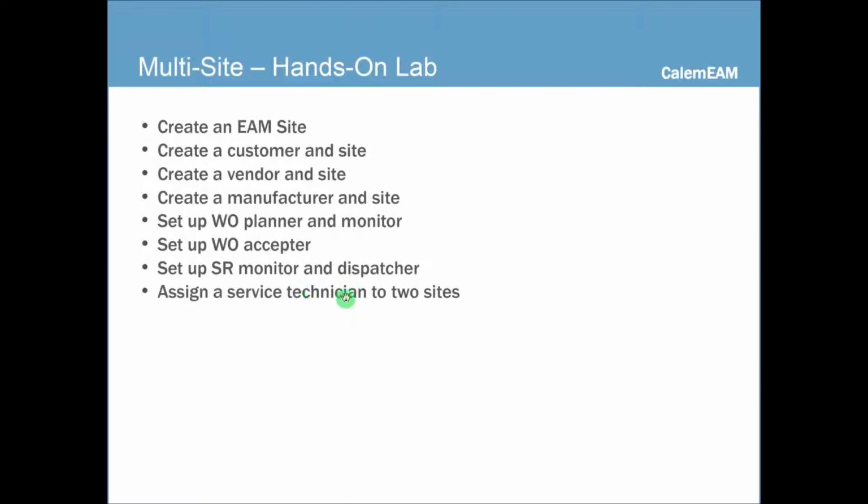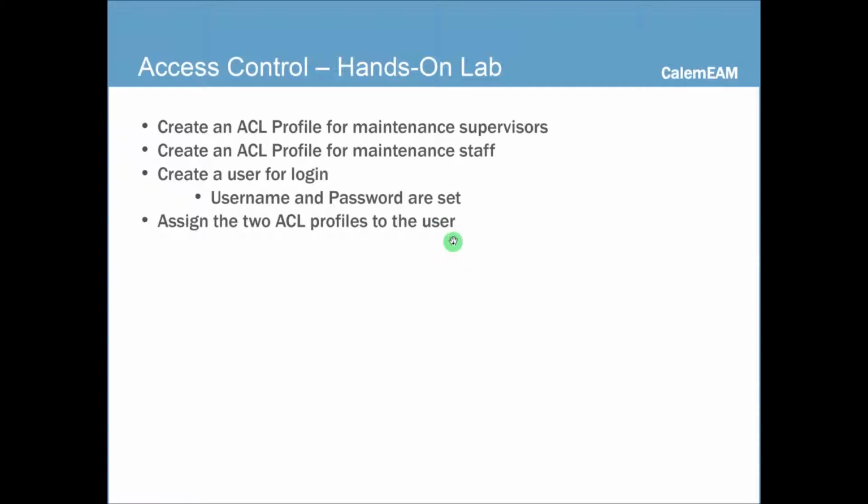Assign a service technician to 2 sites. For the access control, we'd like you to create an ACL Profile for maintenance supervisors, create an ACL Profile for maintenance staff, create a user for login, and set up a username and a password. Assign the 2 ACL Profiles to the user you created.